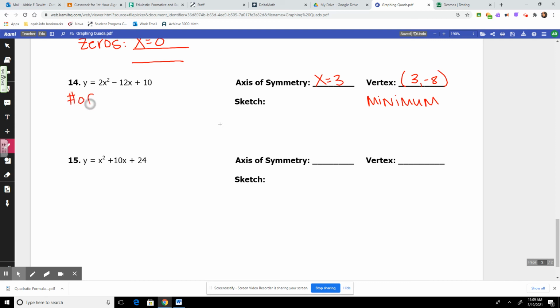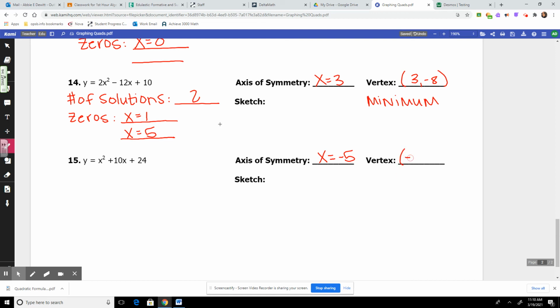The number of solutions. How many times does it touch the x-axis? And your zeros, what are your x values where it touches the x-axis? There are 2 at x equals 1 and x equals 5. And the last one, number 15, the axis of symmetry is x equals -5, where you can cut that parabola straight in half.